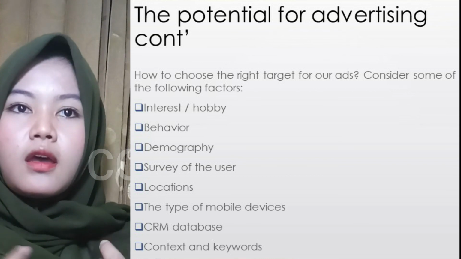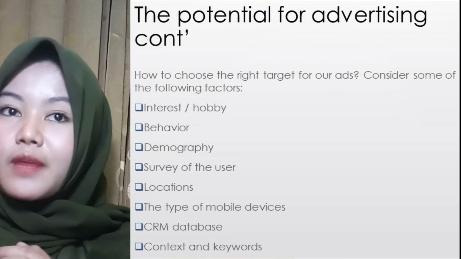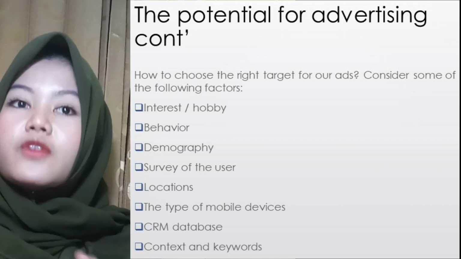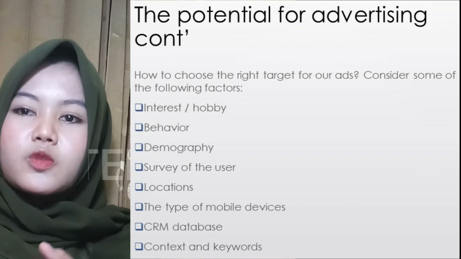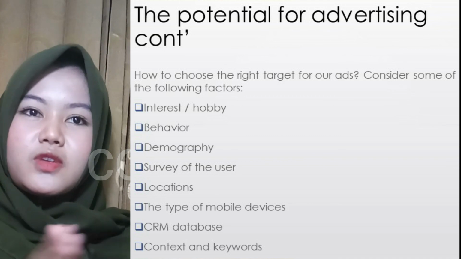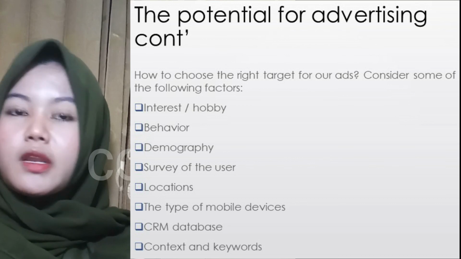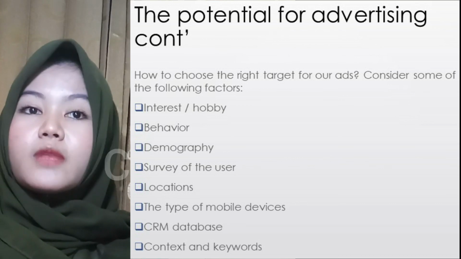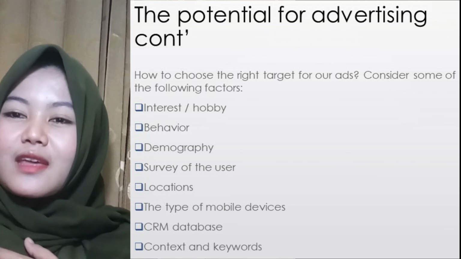And then the next is behavior and demography. Survey of the users: we must ask, is it suited to your interest, or just try it on the users. And then locations and type of mobile device, CRM database, and context and keyword.